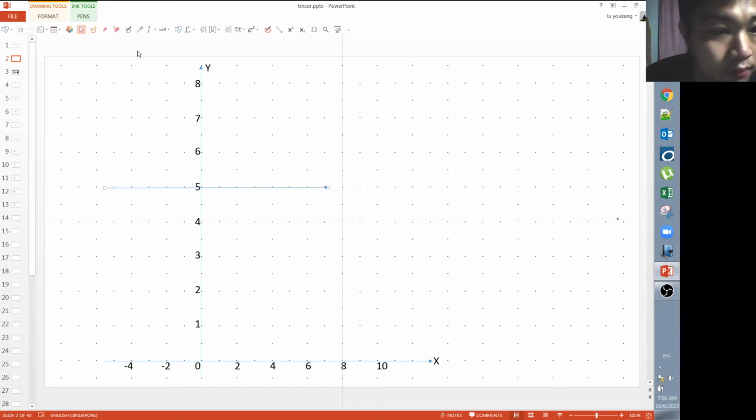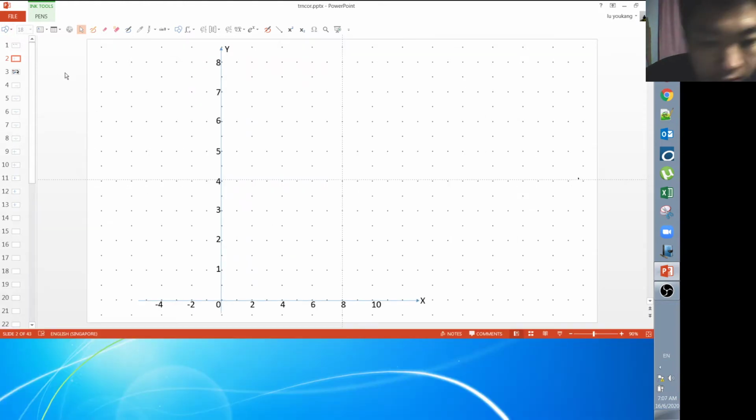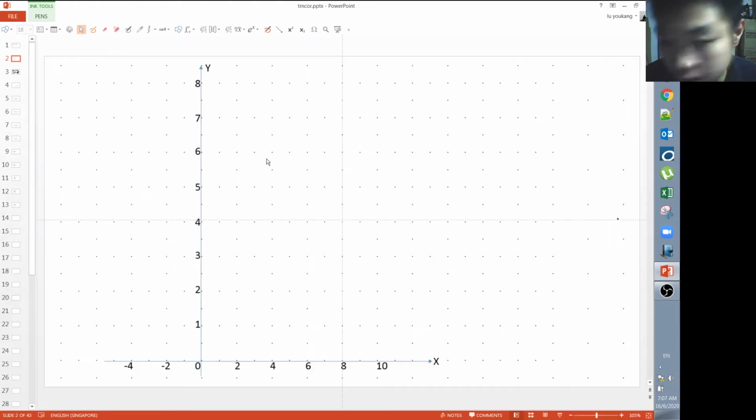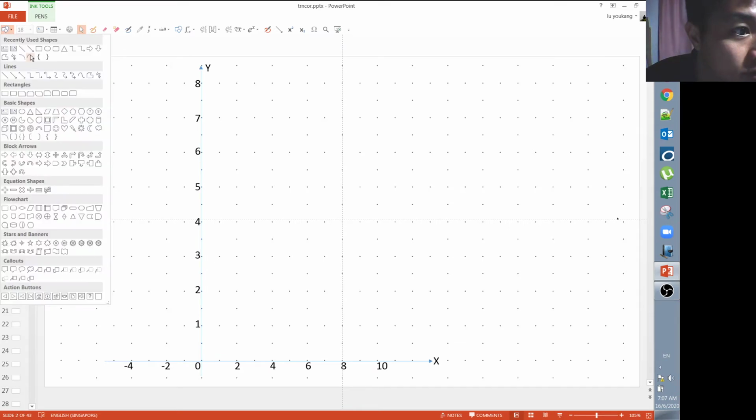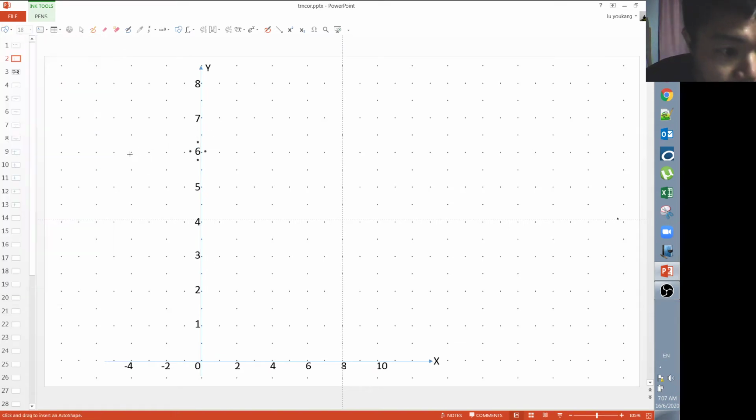Let me use this instead. Okay. So I hope you can see my straight line, which is here. And what is the equation of this straight line? Clearly, y is equal to 6.